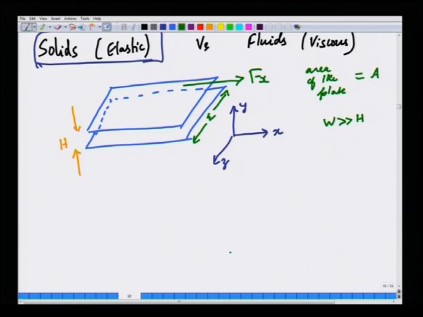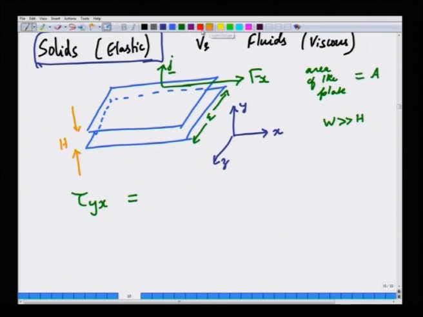Okay. So, let us now understand, the moment you put this force, you are going to generate a stress. Okay. The stress is acting on a surface whose unit normal is in the y direction j, and the direction of the stress is x.